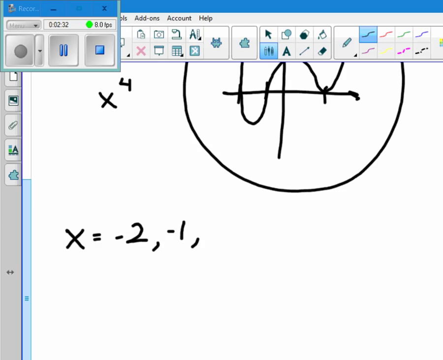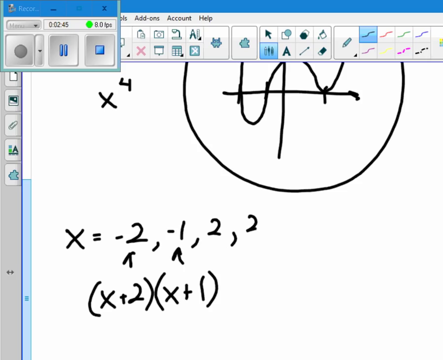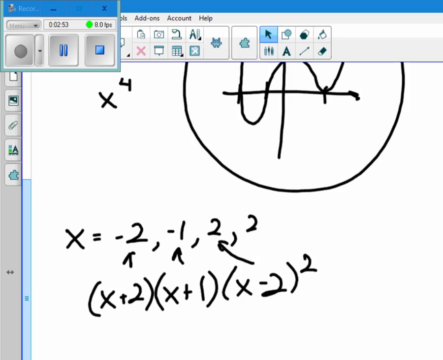If the roots were these values, then I'm taking the opposite of the roots, and then those become my factors. And so this is x plus 2, x plus 1, and then x minus 2. But since it's twice, then it's squared, and that's that multiplicity property.